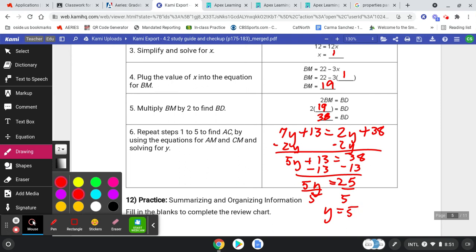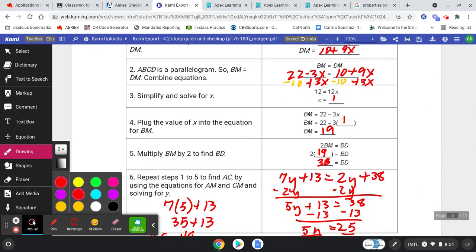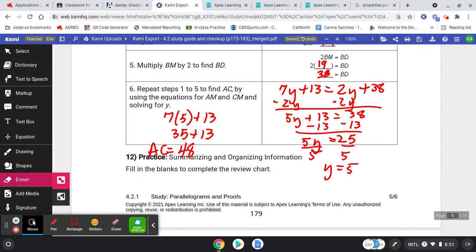Remember that that's just the value of y. We now need to plug it in to the 7y plus 13. And we get that AM, that's just one of the little sides, is 48.